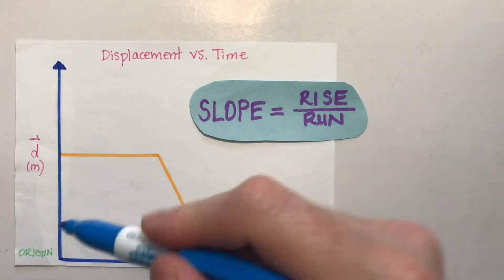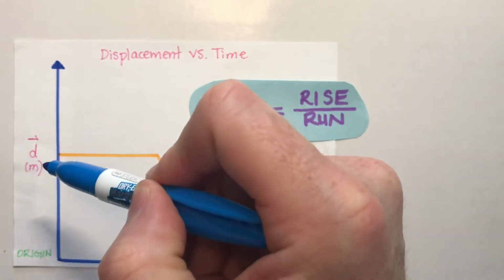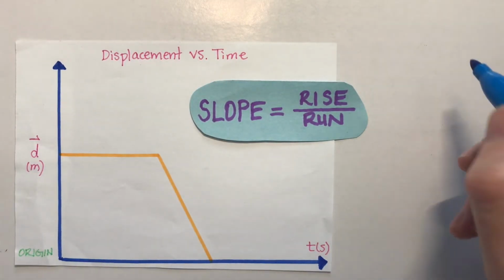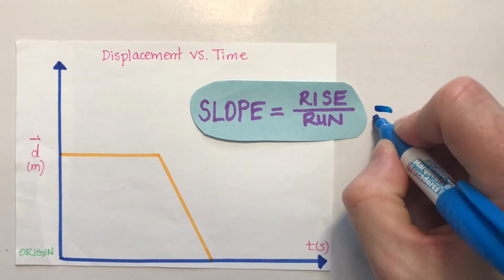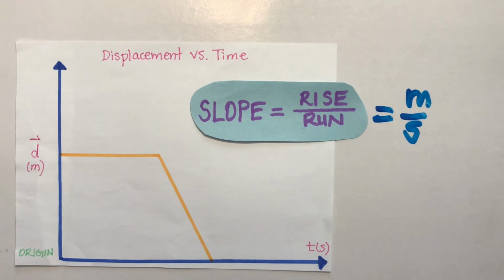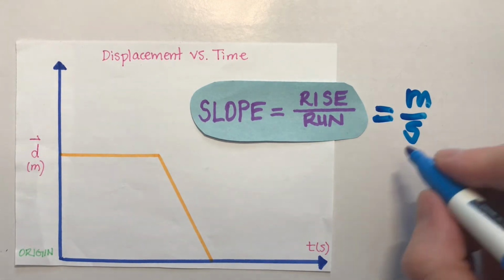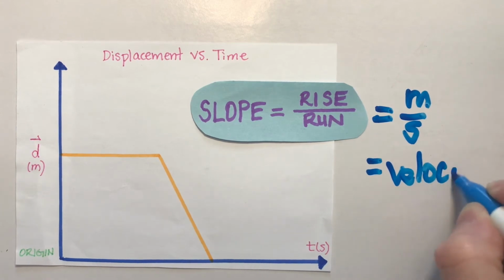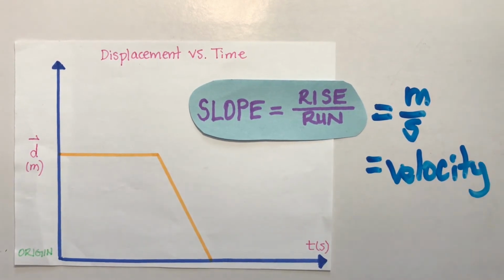Our rise is represented by the vertical axis, which is displacement measured in meters. Our horizontal axis is time measured in seconds. So if we write this out, our rise gives us a unit of meters and our run is seconds. Well, meters per second sounds pretty familiar, doesn't it? That would be our velocity. So the slope of a displacement time graph gives us our velocity, which we can tell based on just the units.